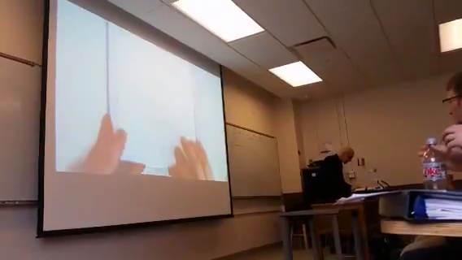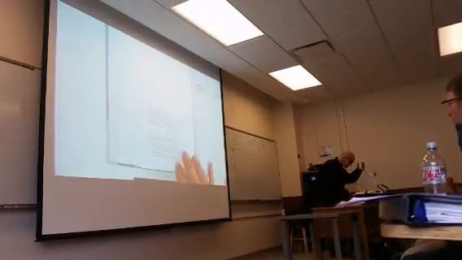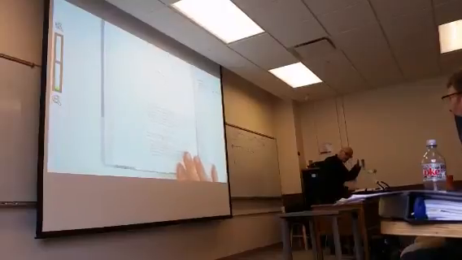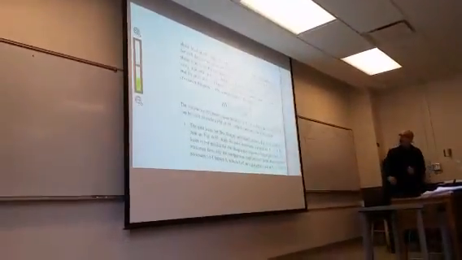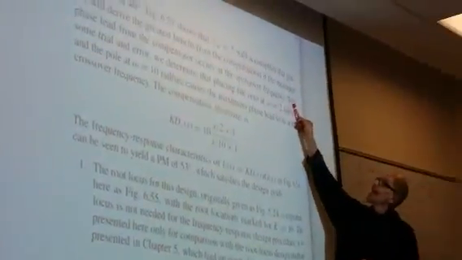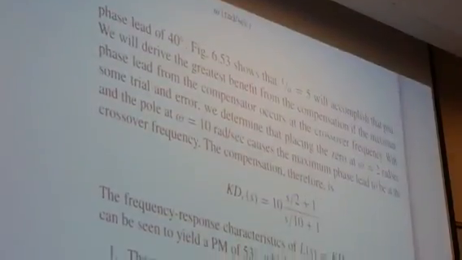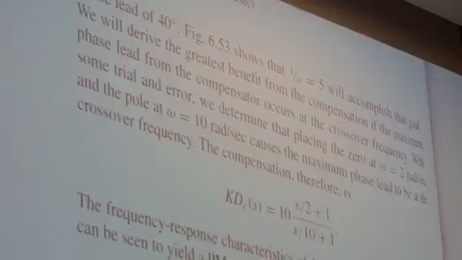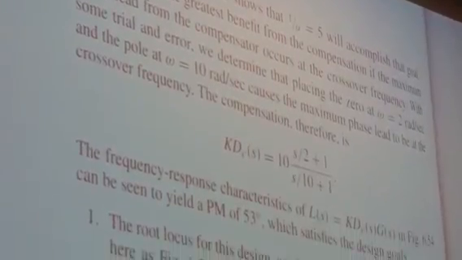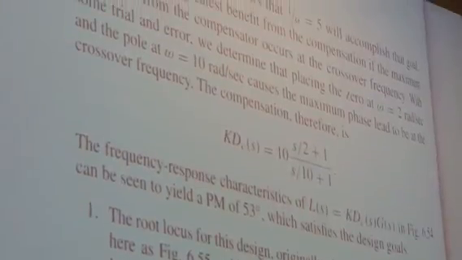That's why the authors say, beautifully, with some trial and error, that's what we ended up with. So this is not a clean process where you just get 2 equations, solve it, and you're done.